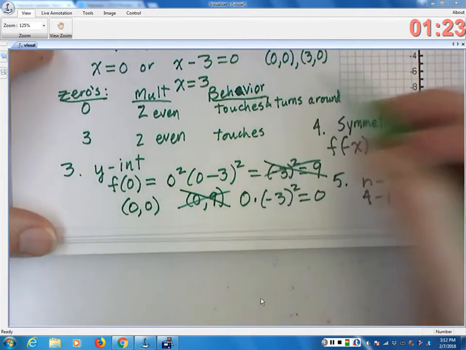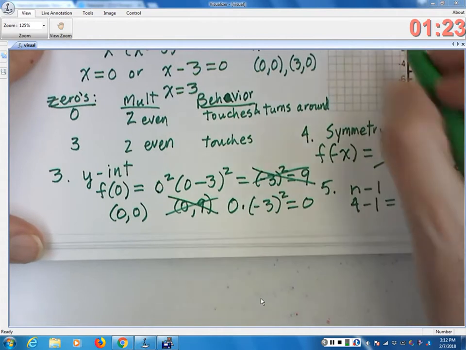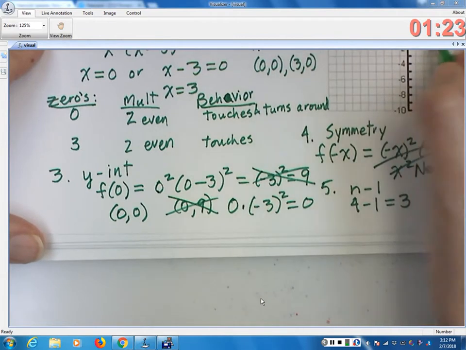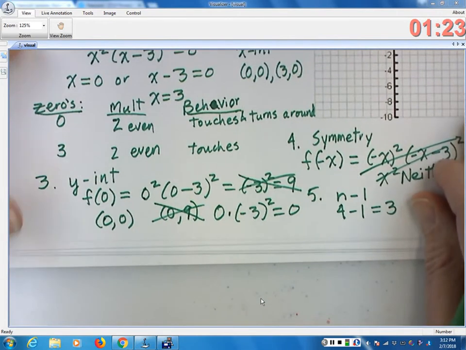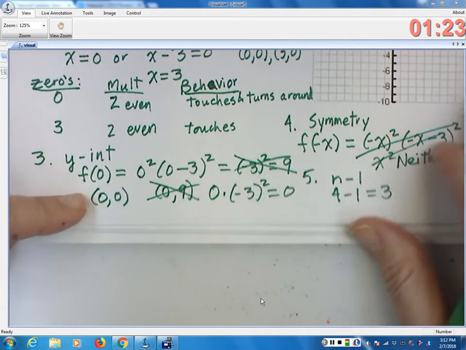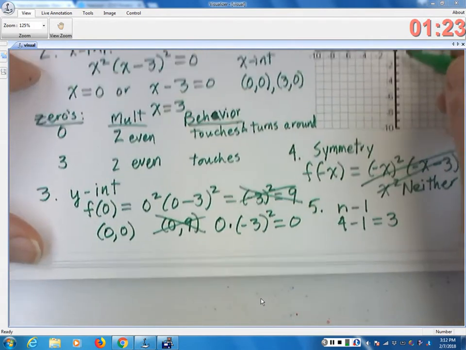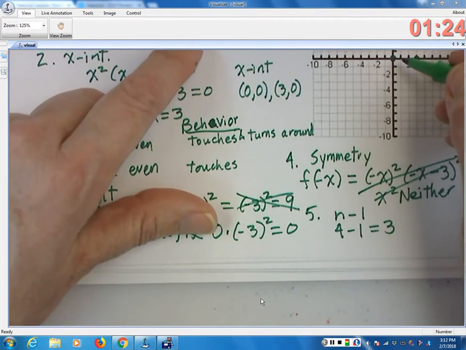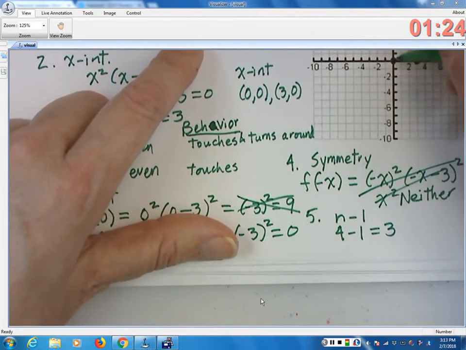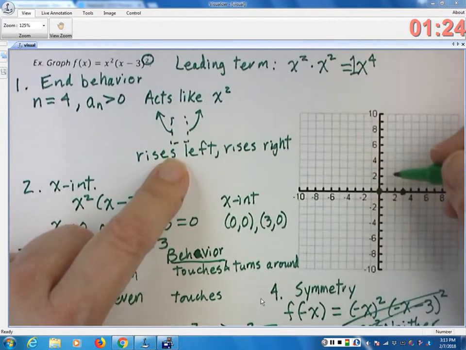So our x-intercepts are at (0, 0) and (3, 0), those are our two x-intercepts. Our y-intercept really doesn't help us because it's still at (0, 0). Now, our behavior is it rises left, rises right. To the left of the leftmost 0 it's going to rise.